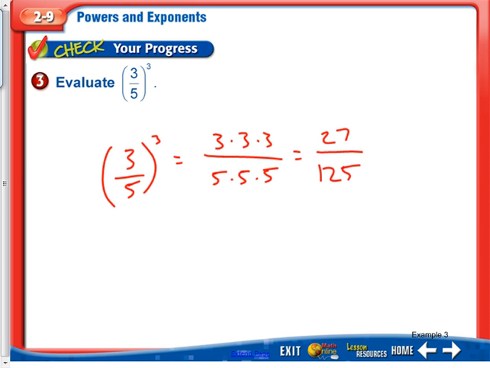And if you were to check to see if you could simplify that, we'll find out that we can't. And so that's our final answer. So 3/5 to the 3rd power is 27 over 125 when we're asked to evaluate the expression.